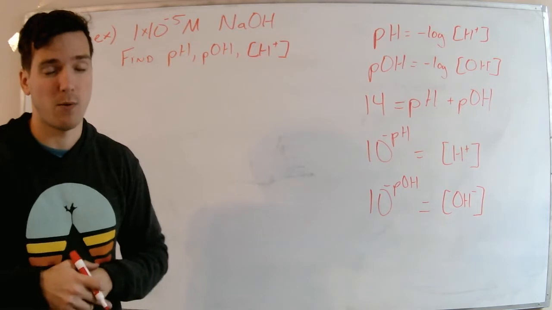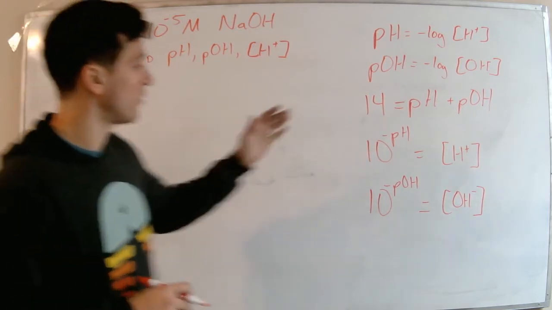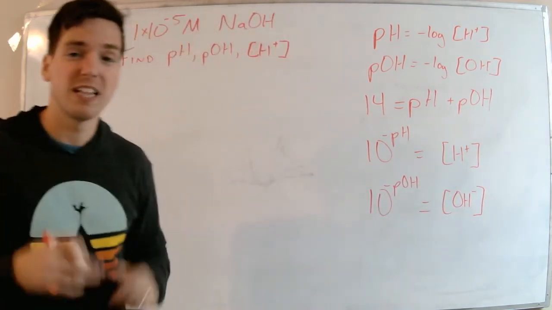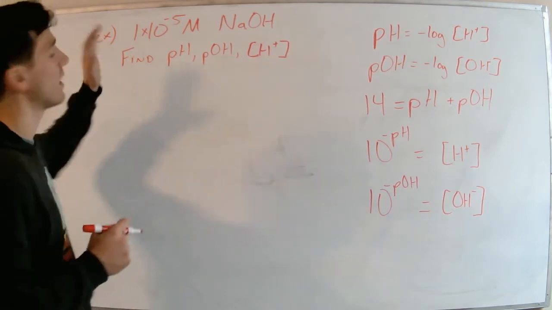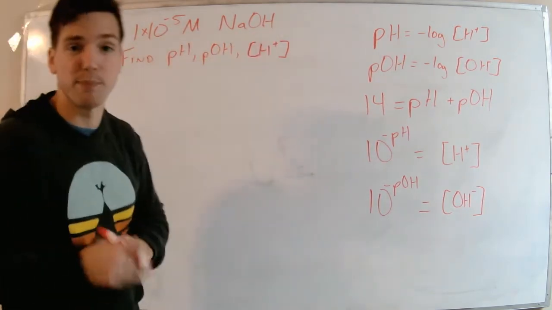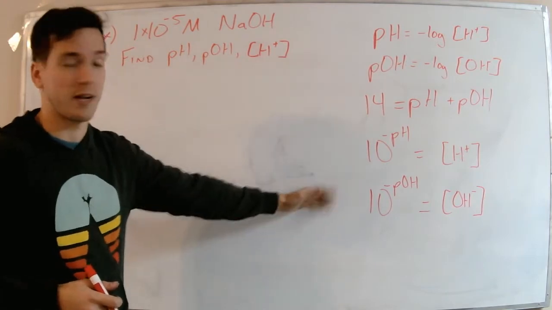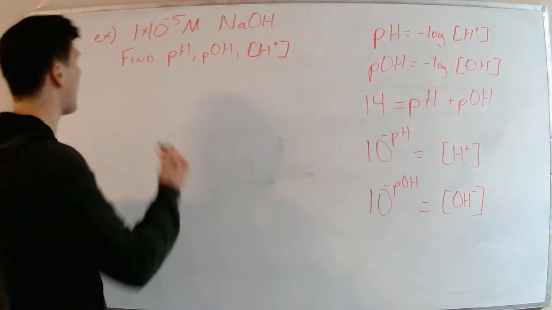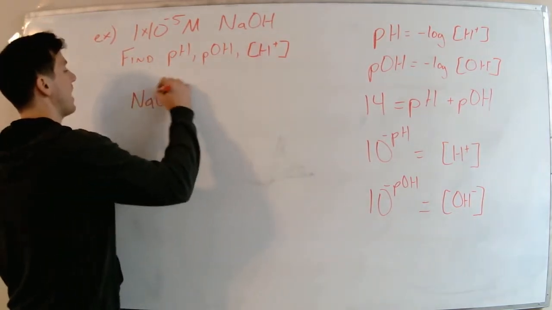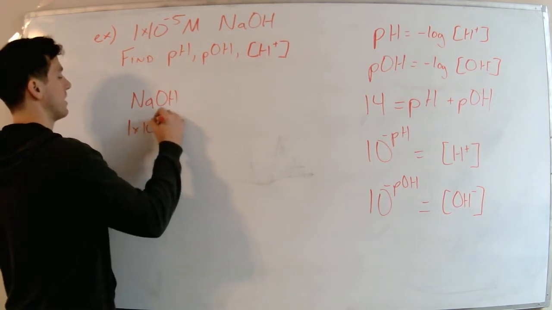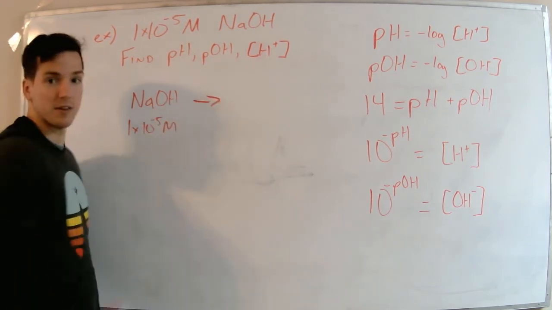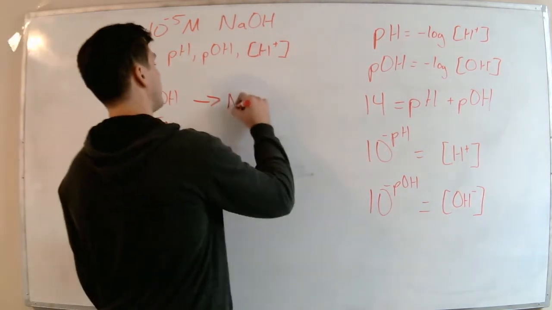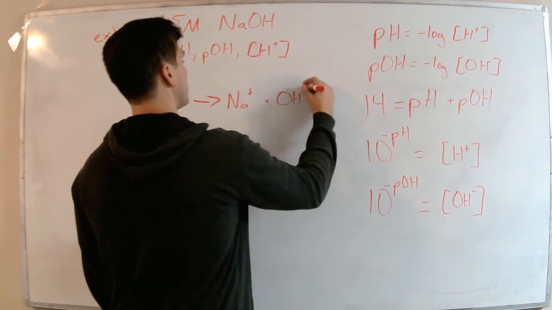Now, one thing I want to tell you right off the bat is that a lot of these deal with concentration of OH- and H+. Let me just real quick talk about why we can go straight from strong base to these calculations. What they want is the concentration of OH-, but I gave you the concentration of NaOH, which is 1 times 10 to the negative 5th. Remember that since NaOH is a strong base, it will fully dissociate into Na+ and OH-.